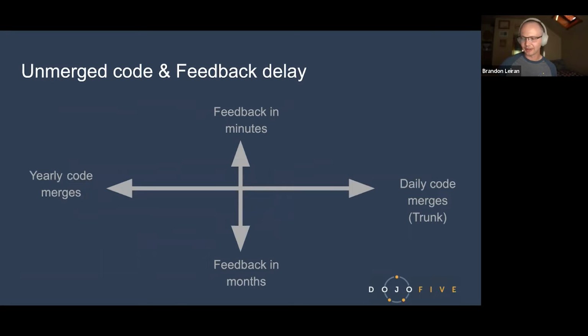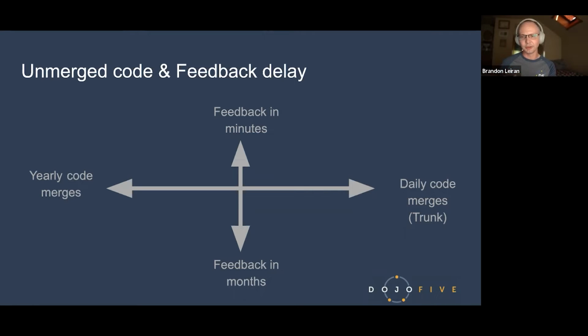So we talked about the James Shore definition a couple slides ago, but I wanted to dig a little bit deeper into what continuous integration means, because saying something is releasable is pretty simple, but there are two aspects that I like to think about. One, on the x-axis here, is that when I make a code change, how often is it merged with everybody else's work?